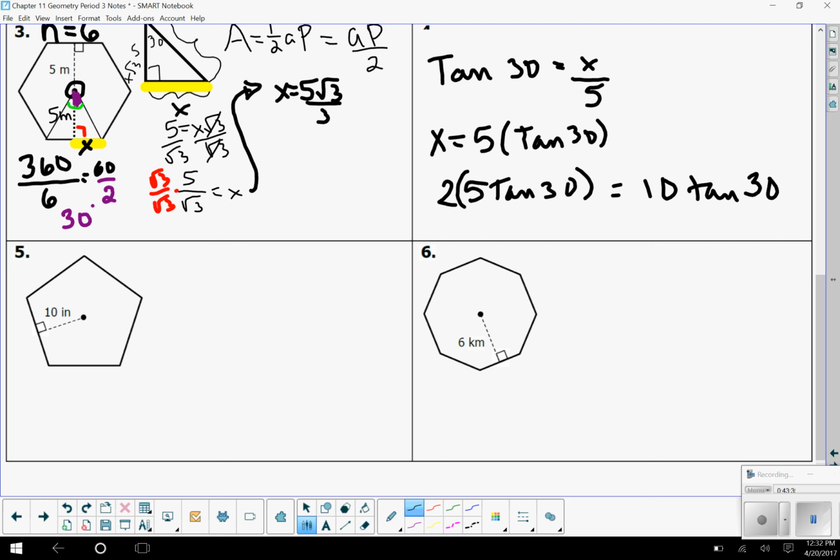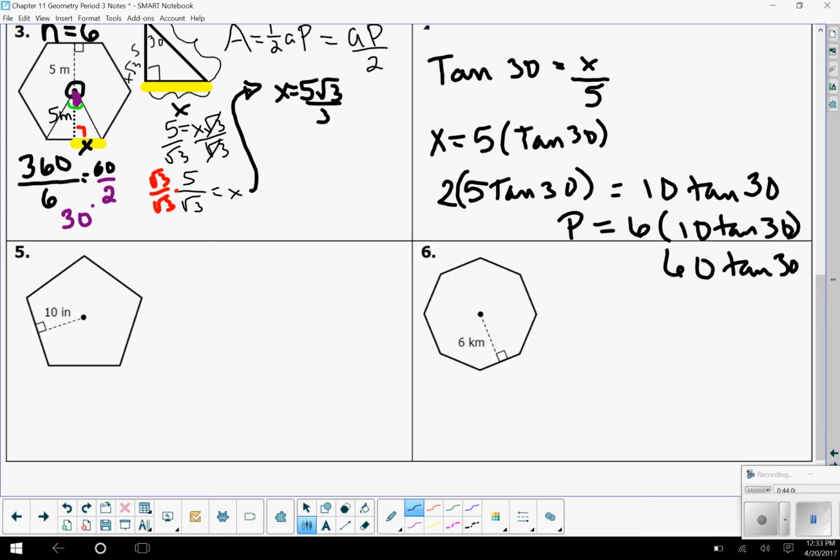Once you do that, you get 10 tan 30. To find the perimeter, you would do 6 times that, which is perfectly fine. You don't have to deal with this rad 3. So this would be 60 tan 30. There's your perimeter.